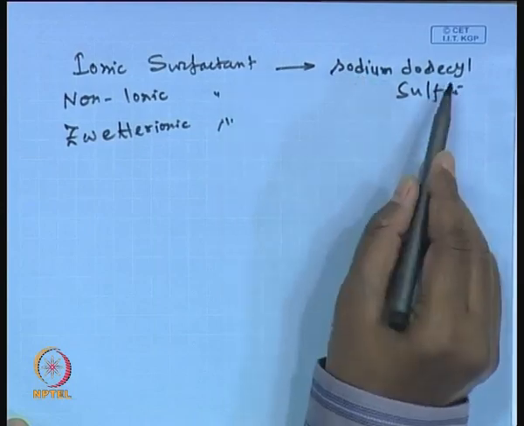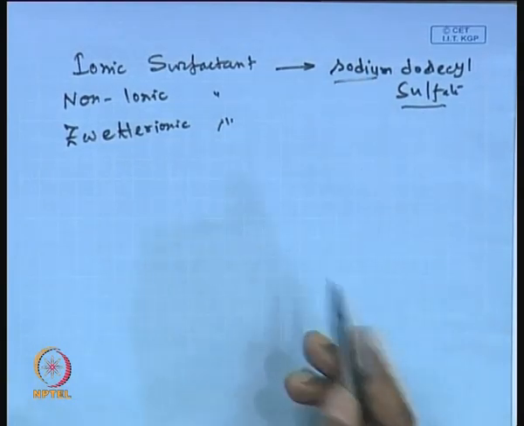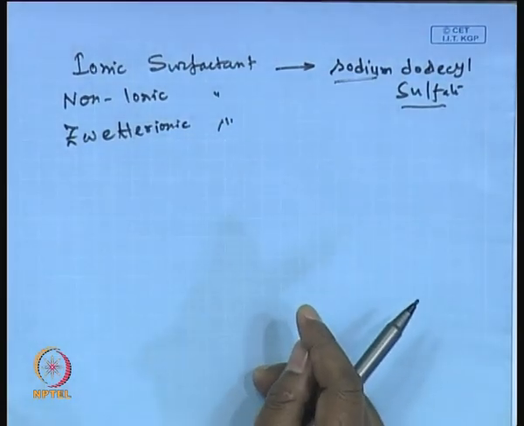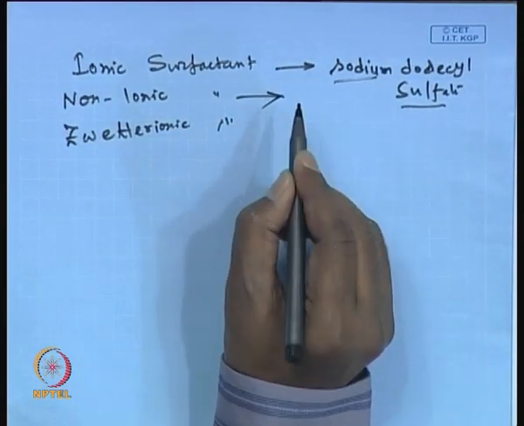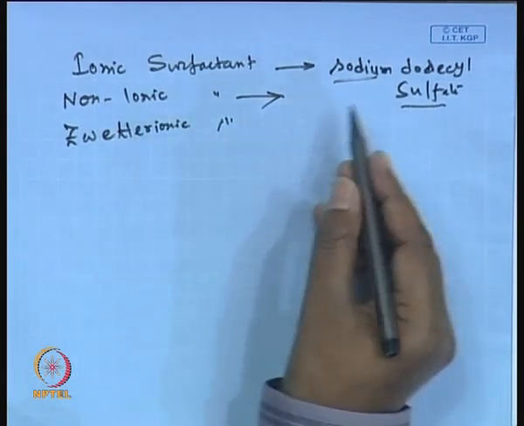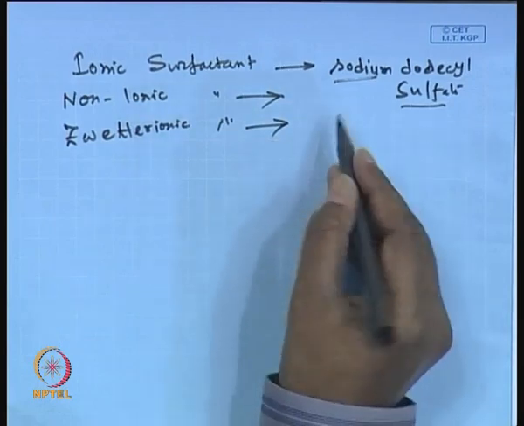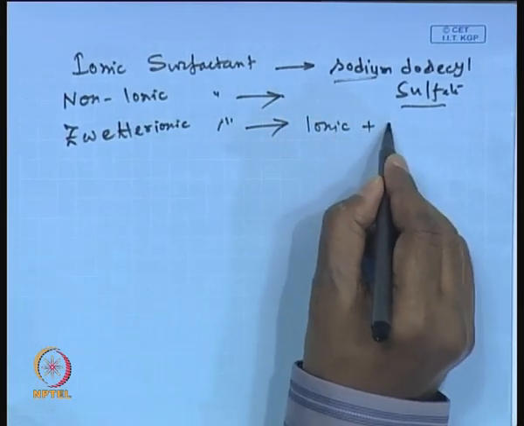This sodium dodecyl sulfate has Na plus and SO4 minus in its structure, which imparts an ionic characteristic. You can have non-ionic surfactants like polyether oxygen. You can have zwitterionic surfactants, which have both ionic and non-ionic characteristics.